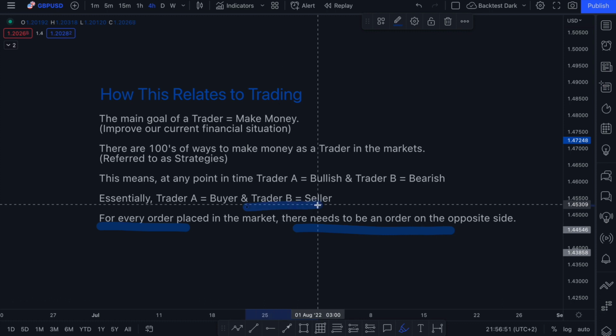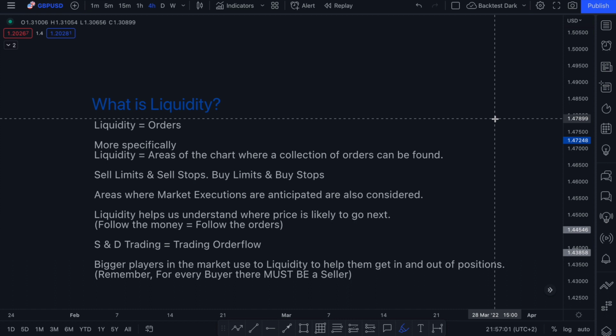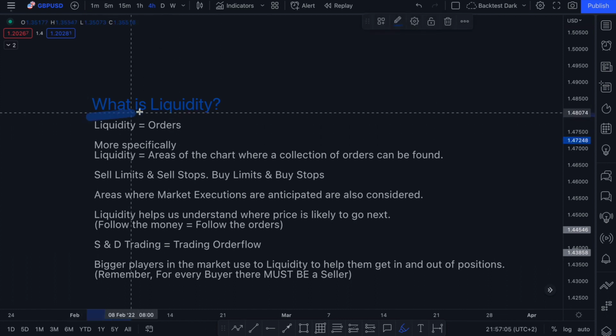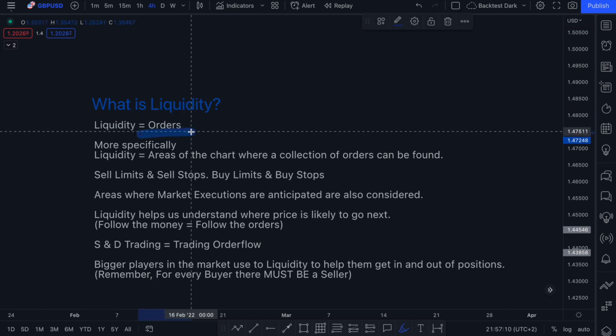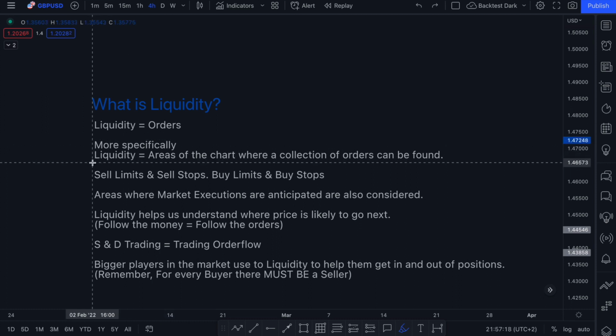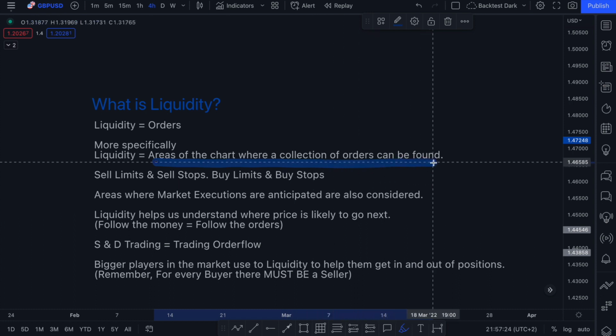All right, and this is where the concept of liquidity comes in, because when we're talking about liquidity, we are essentially talking about orders in the market, orders to buy, orders to sell a particular financial instrument. More specifically though, when we talk about liquidity, we talk about an area of the chart where a collection of orders can be found.